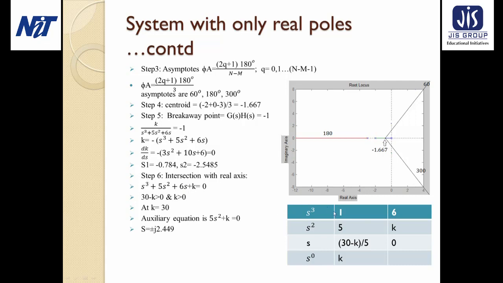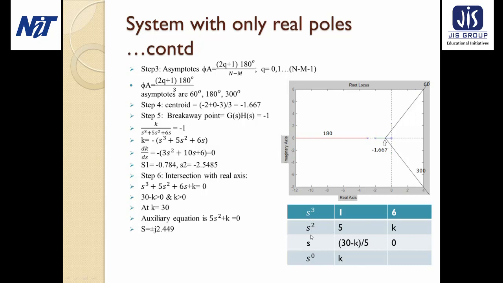Next, we find the Routh array. The s cubed row is 1 and 6, the alternate coefficients, and the second row is also the alternate coefficients, that is 5 and K.